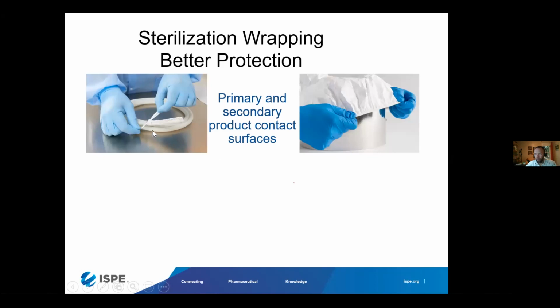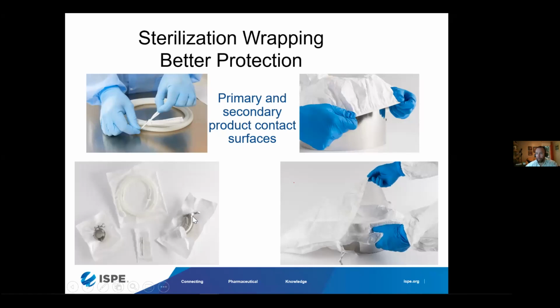So on the left here, you can see that there's some tubing, and within this very small drawstring bag is a stainless steel filling needle. On the right here, we have a stopper bowl. And this again is a product contact surface, and it's being covered by an elasticized cover made out of Tyvek. So those primary contact surfaces are first covered with this type of wrapping, and then a secondary cover.